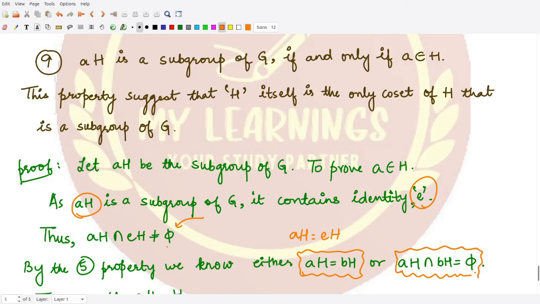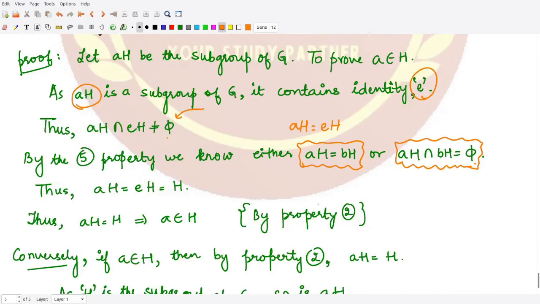So if you have one common element, all other elements would also be the same within these cosets. So AH would be equal to EH, and what is EH? That is H, right? So from here you obtain AH is equal to H. So by property 2, if AH is equal to H, that means H absorbs some element, that element would be present in that subgroup only. So A would be present in H, and this is what we wanted to prove in this part.